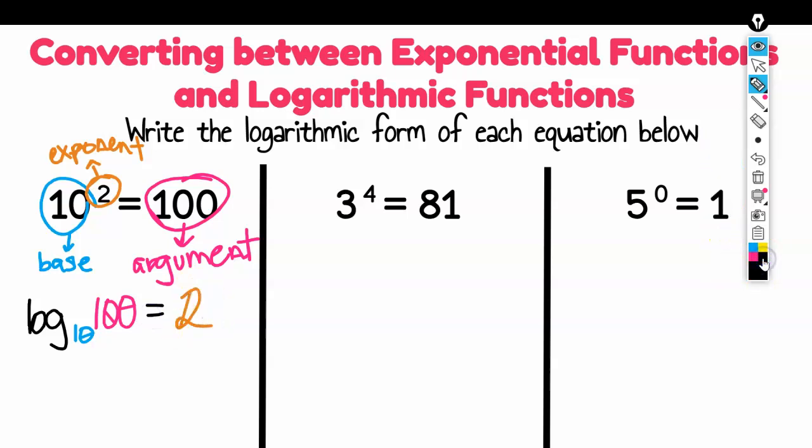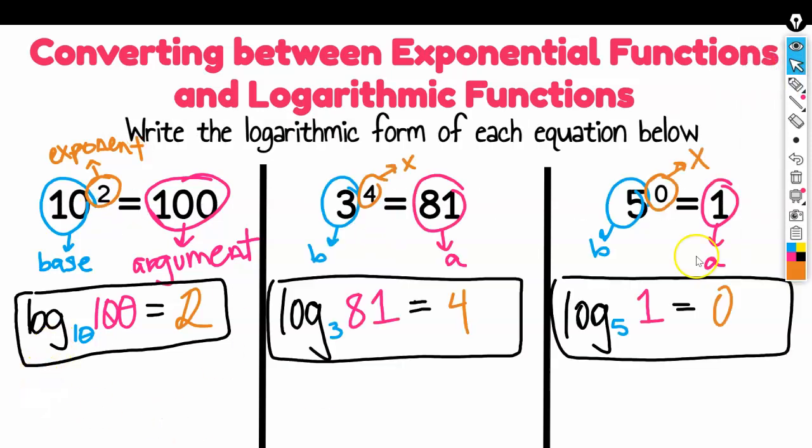Please forgive the weird stuff, but that is log base 10 of 100 equals 2. All right, so you can try out the other ones on your own. I am very quickly going to do them off screen.